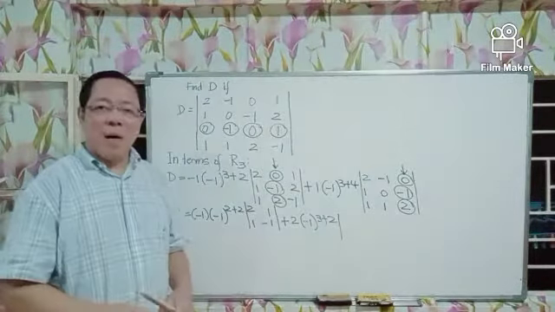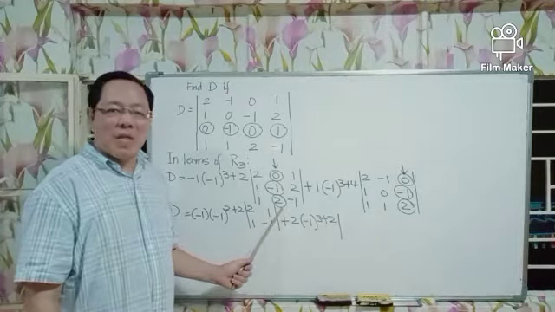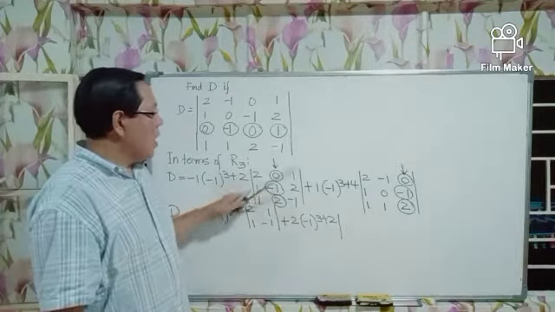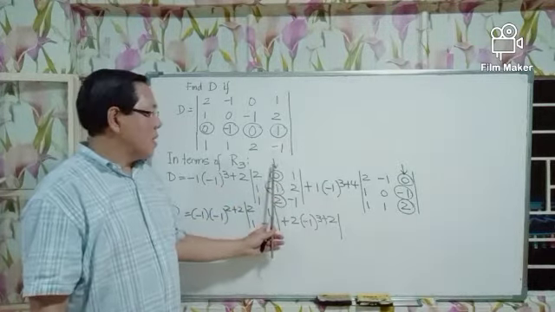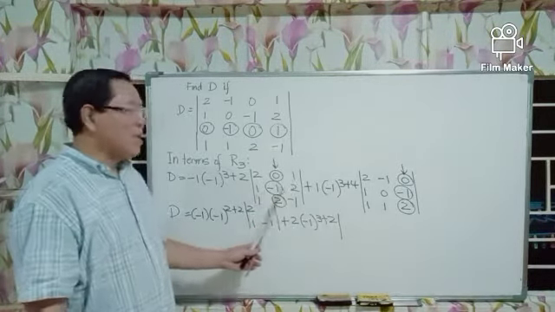Multiplied by the minor of 2, which is a determinant of order 2 obtained by deleting the last row and the second column. And the entries that remain are 2, 1, 1, 2.